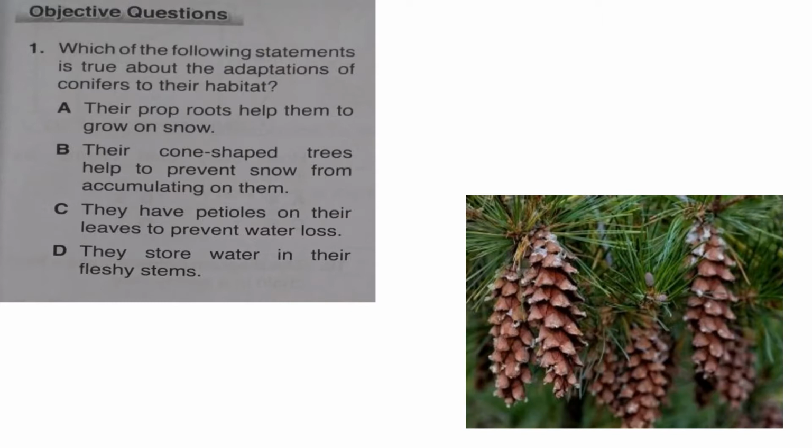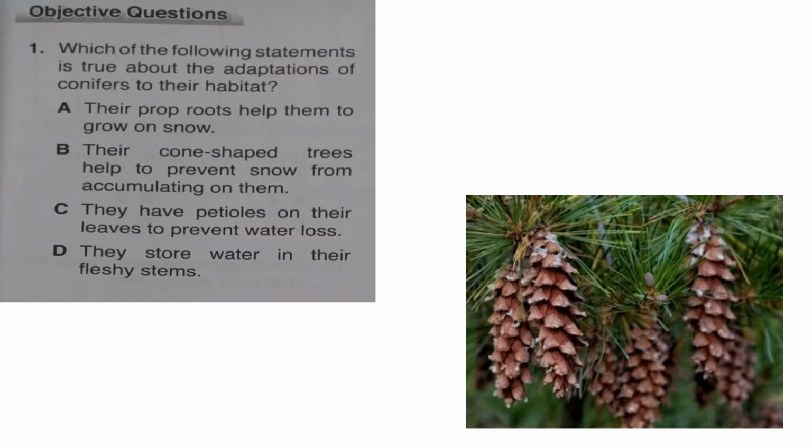The question says, which of the following statements is true about the adaptations of conifers to their habitat? Letter A, their proper roots help them to grow on snow. Letter B, their cone-shaped trees help to prevent snow from accumulating on them. Letter C, they have petioles on their leaves to prevent water loss. Letter D, they store water in their fleshy stems.